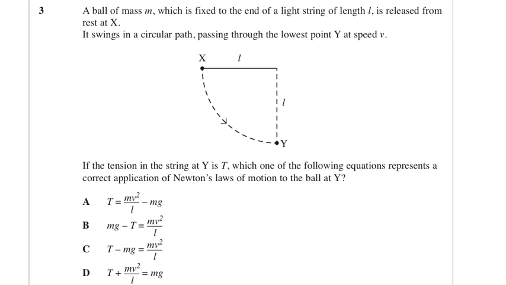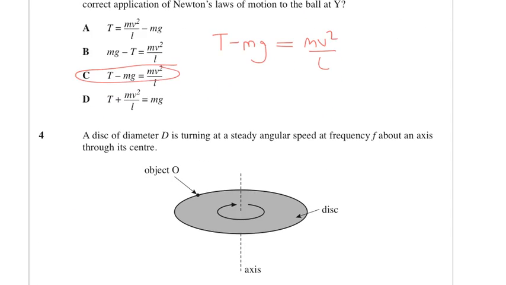In terms of the forces at Y, there's a force T, and there'll be a force mg acting against that, so the resultant centripetal force would be T minus mg, which must be equal to mv squared over L at that point. So we're looking at answer number C once we work out the centripetal force.